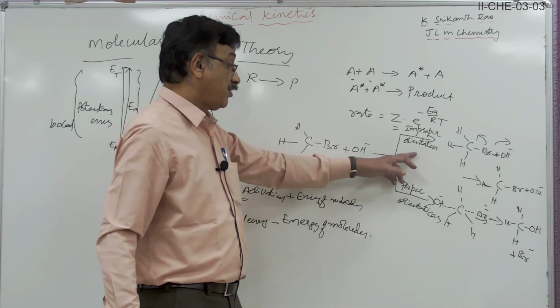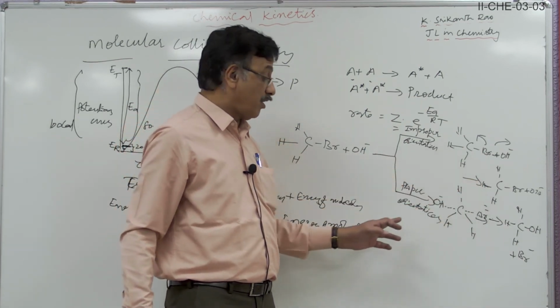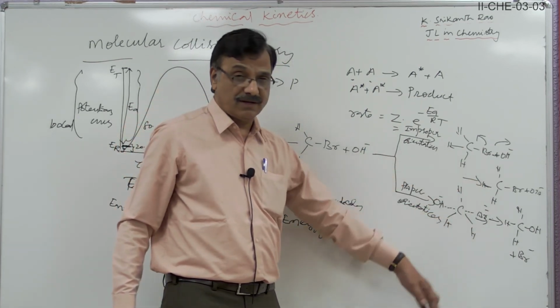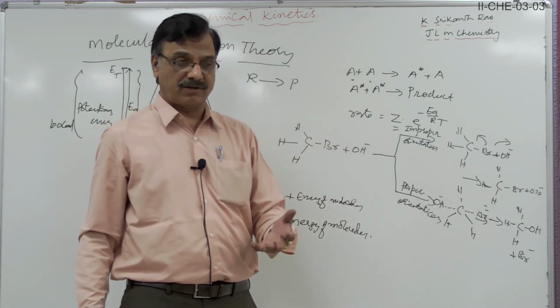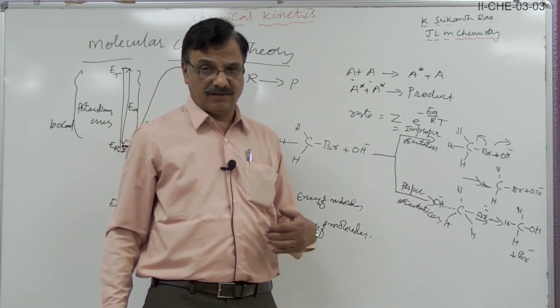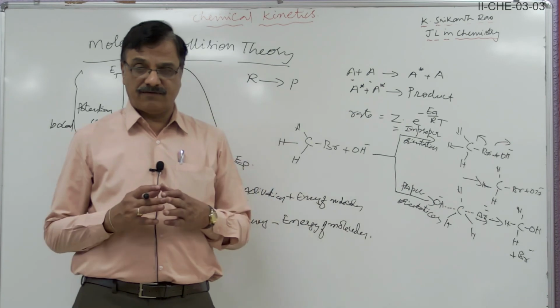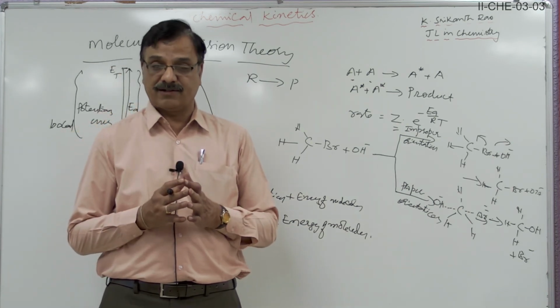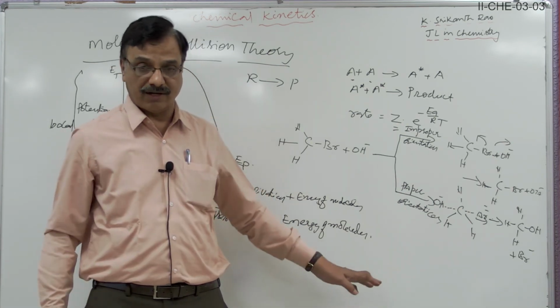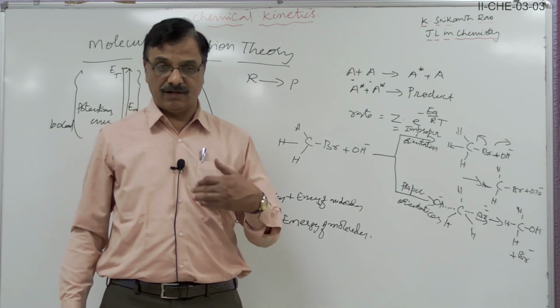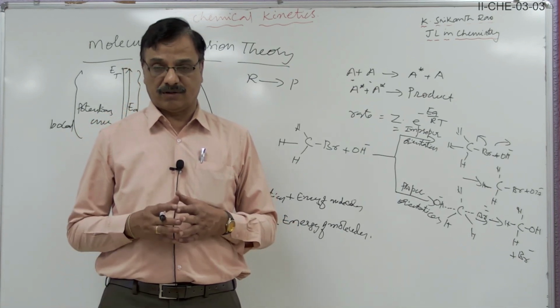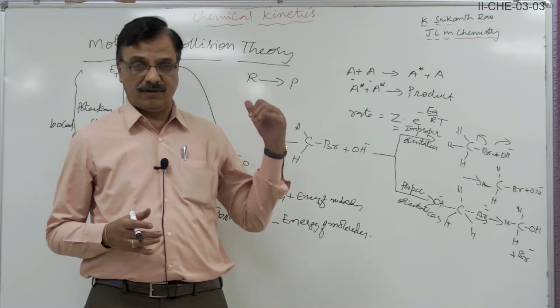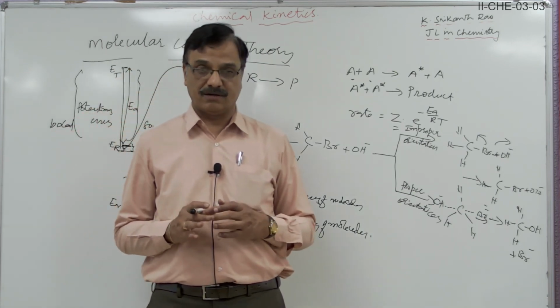So improper orientation gives the same molecule. Proper orientation gives you a different molecule, that is, a product is obtained. So this way, apart from the energy factor, we require the orientation. These two lead to the formation of the product. This is according to the molecular collision theory.